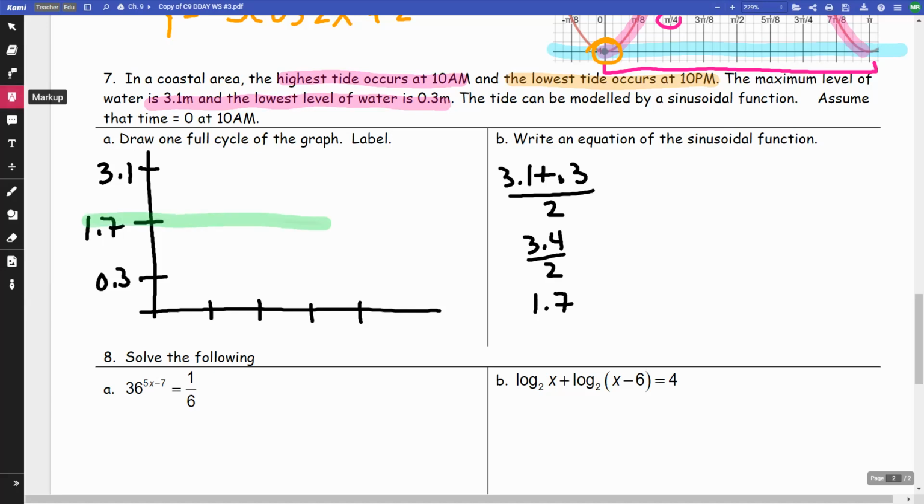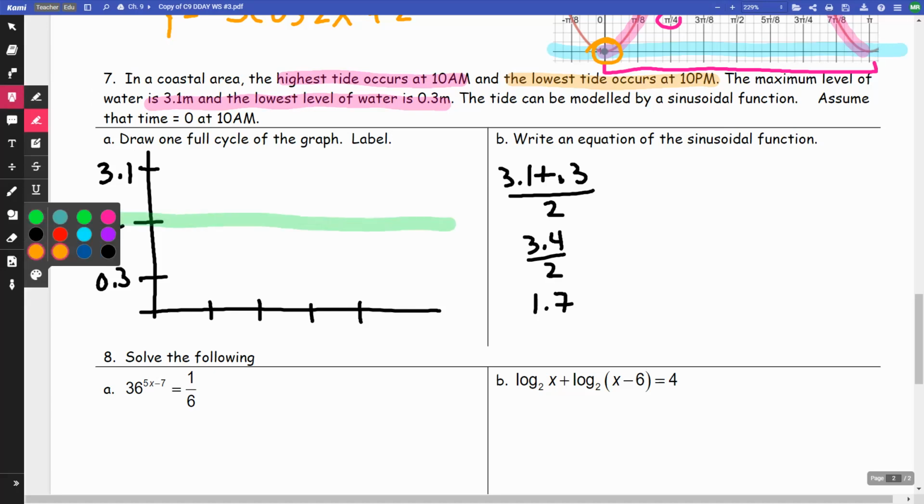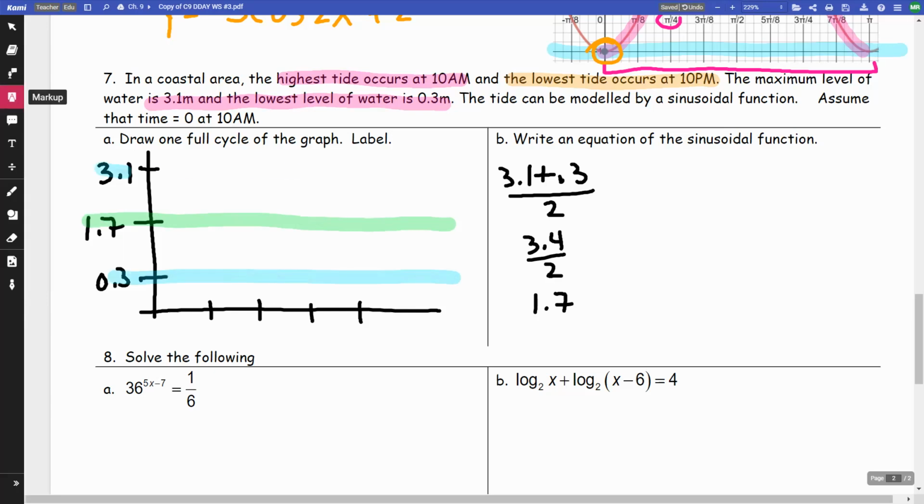So this is my middle, my low and high. And my high is at a 0, which is 3.1. And it's going to end here. Halfway in between is here. Okay, this is going to be our graph.